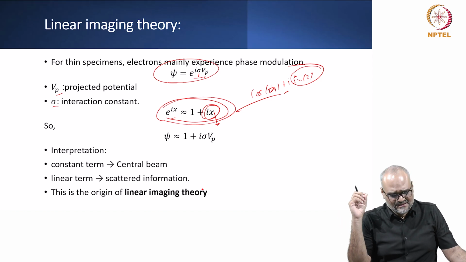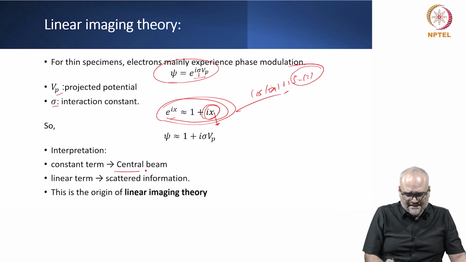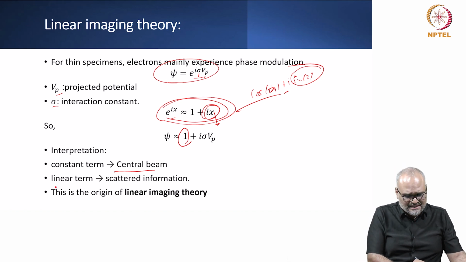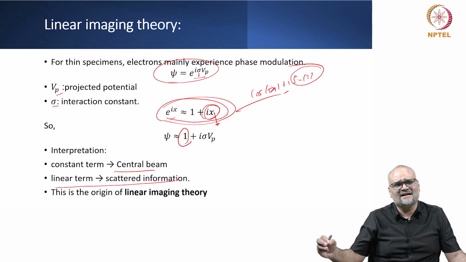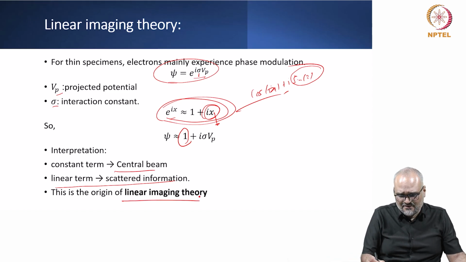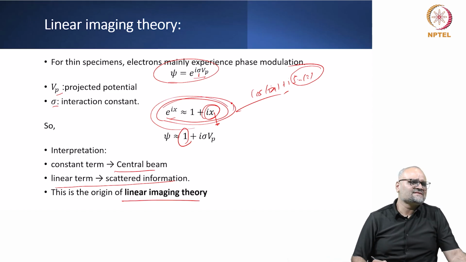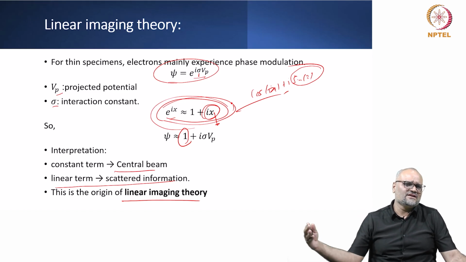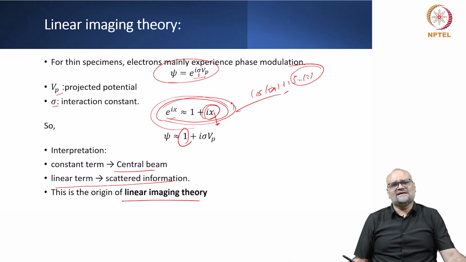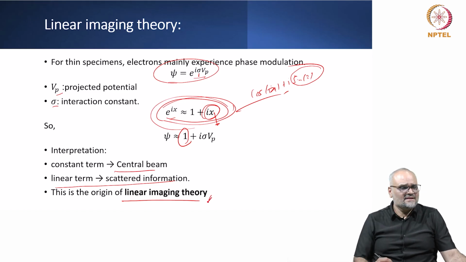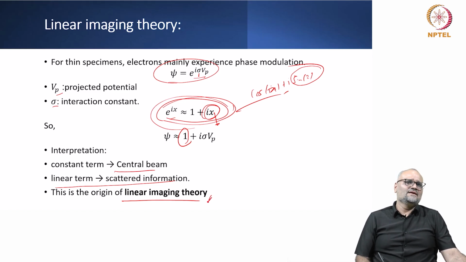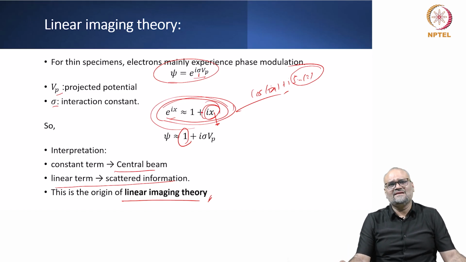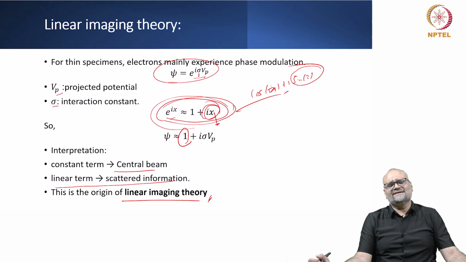The interpretation is that the constant term that I have here corresponds to the central beam. The linear term corresponds to the entire scattered information, and this simplification of the complex number to understand and interpret the intensity and the phase modulations resulting in an HREM micrograph is called the linear imaging theory.